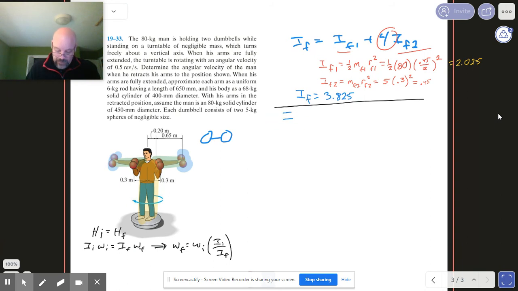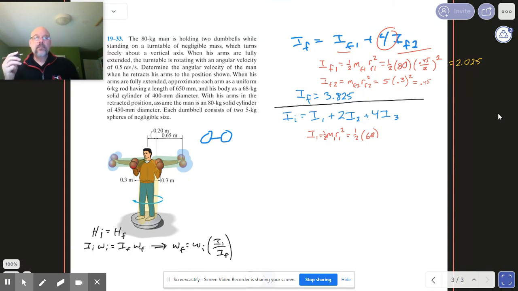Initial, let's say, I'll call his torso I1, then we've got 2 arms, I'll call that I2, and then we've got 4 balls on the dumbbell, we'll call that I3. I1 says to treat it like a cylinder, so we've got 1/2 M1 R1 squared. 68 is the mass of his torso.